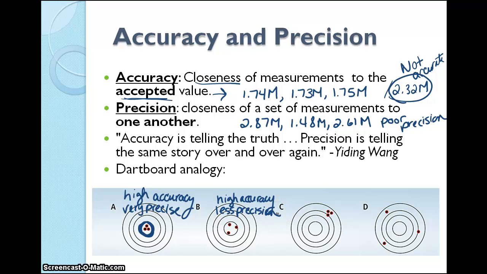Looking at letter C, based on where our bullseye is and where our darts are, this would be low accuracy. However, it's very high precision. If you could read my writing, sorry. And then in letter D, all of them are very far away from each other and far from the bullseye.